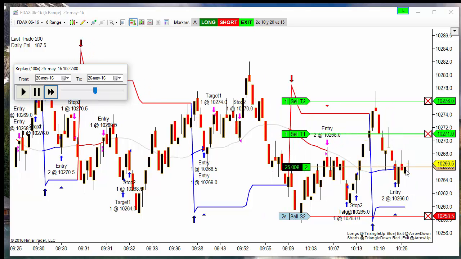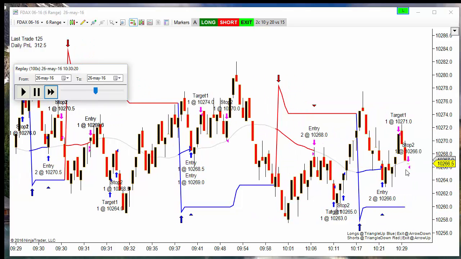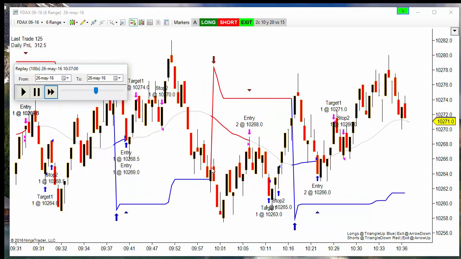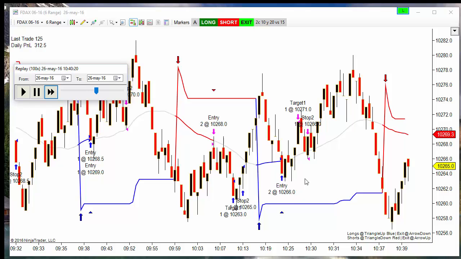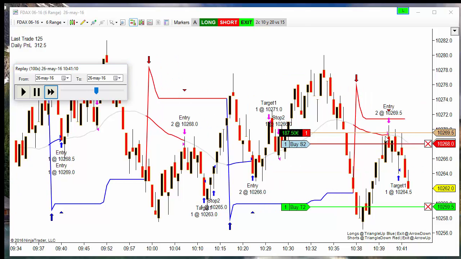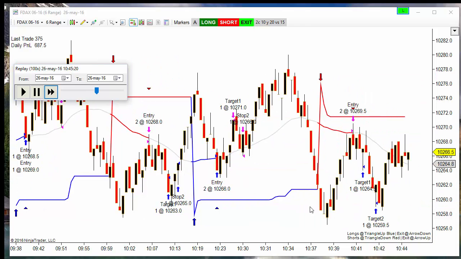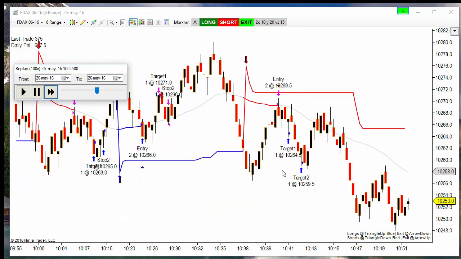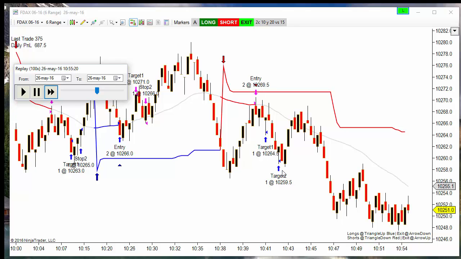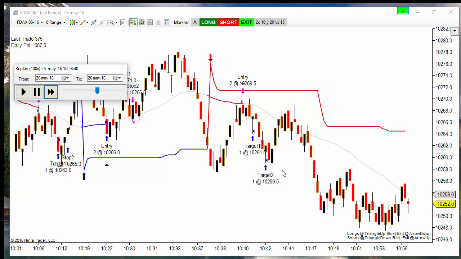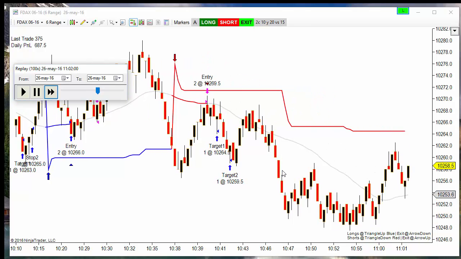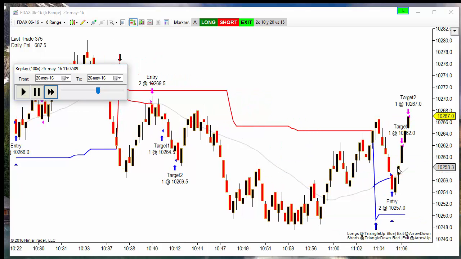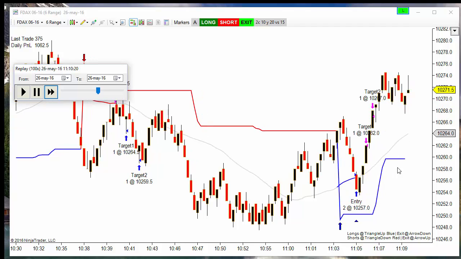Another long, I guess it is a winner. All these examples, as we saw, were trades losing on the trend change mode. Order filled. Target filled. A long entry on the pullback.